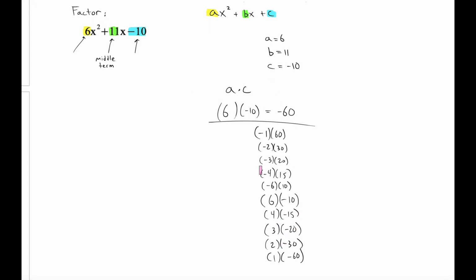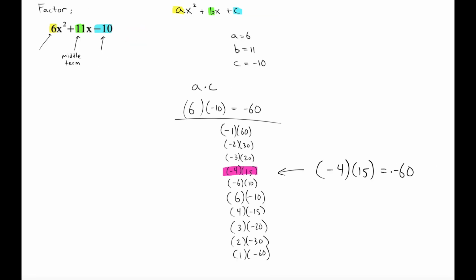Okay, negative 4 and 15 is the special combination, because not only does negative 4 times 15 make negative 60, but also negative 4 plus 15 makes that 11 that we see in the middle term. So they have to add to the b.